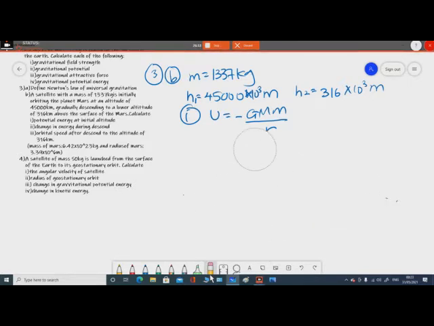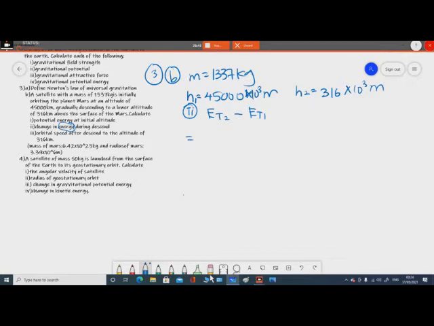Okay, so the change in energy, we know that the change in energy, this energy is actually meant by the total energy, which means that ET2 subtracted by the initial total energy.